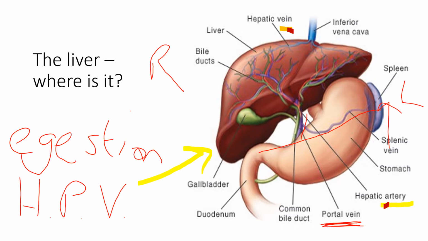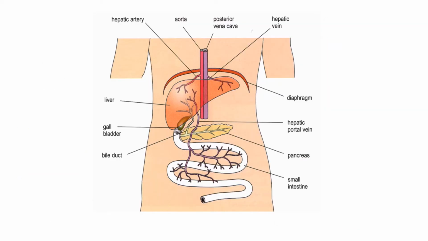Okay? Right, so this one shows, so if you were to draw the stomach on here, it would sit under there-ish, somewhere. Right, so you can see here you've got your hepatic artery and you've got your hepatic vein. They're carrying blood, the artery is carrying oxygen-rich blood in to the liver.